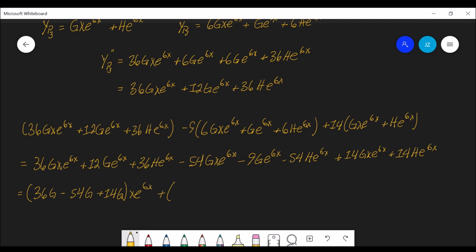For the e to the 6x, we have 12g plus 36h minus 9g minus 54h plus 14h.